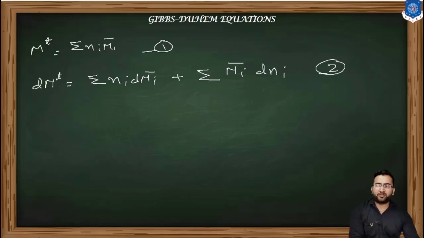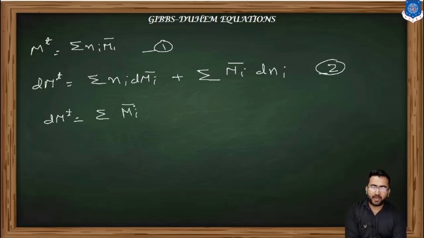At constant temperature and pressure, dMt is equal to summation of Mi bar into dNi.